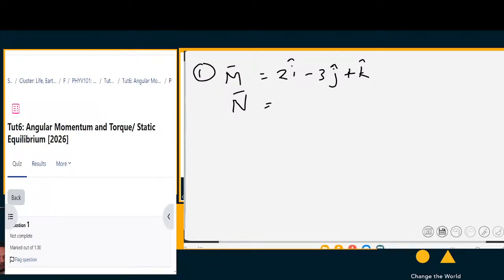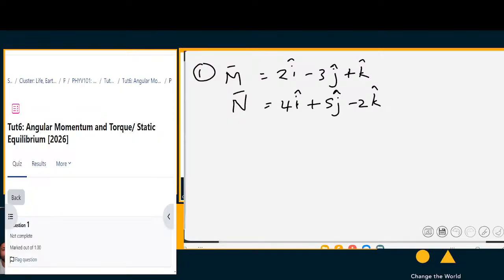Now we have N, which is 4i hat, plus 5j hat, and minus 2k hat. I'm doing this one problem on vector products just to brush up on what you should know about them.